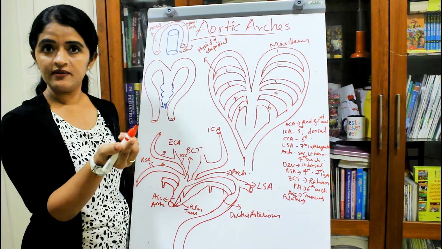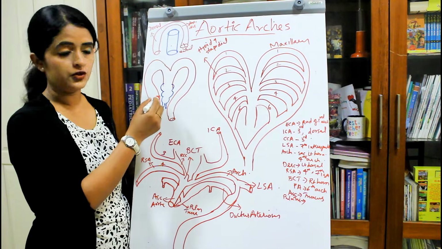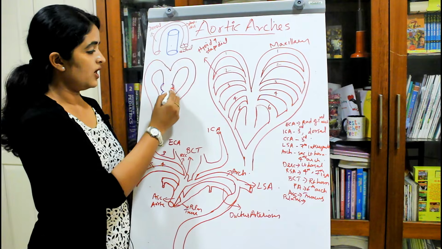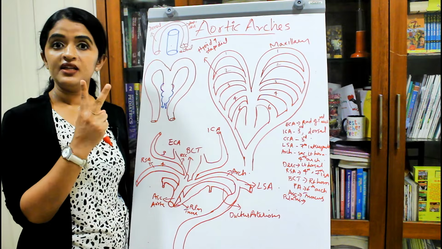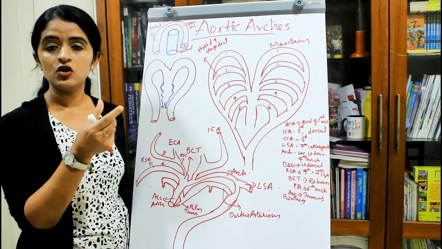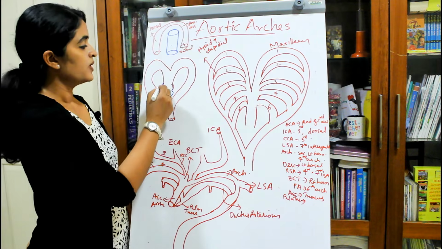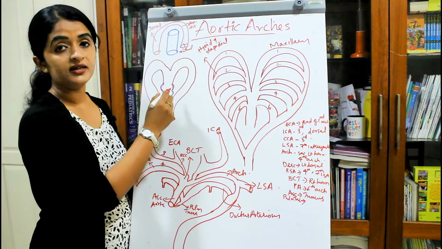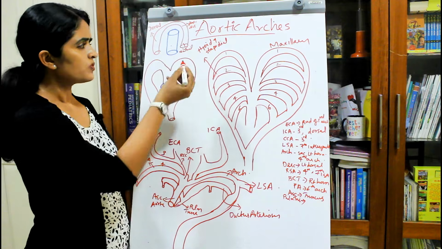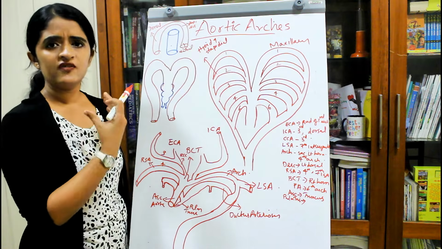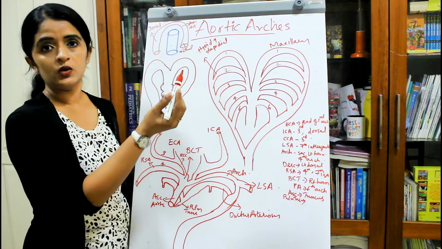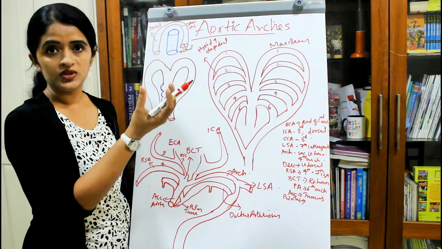Now you might have seen the session on the development of the heart tube. In the beginning there were 2 endothelial heart tubes which got fused together to form a single heart tube. In the cranial end you had a truncus arteriosus. What happens is, on the ventral aspect, the ventral aortae will get fused.